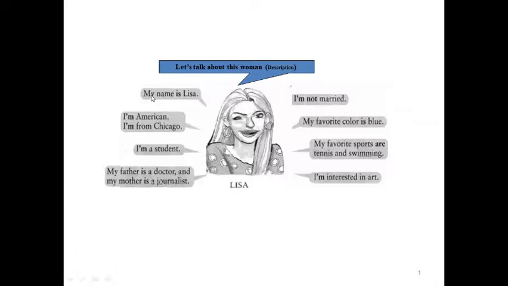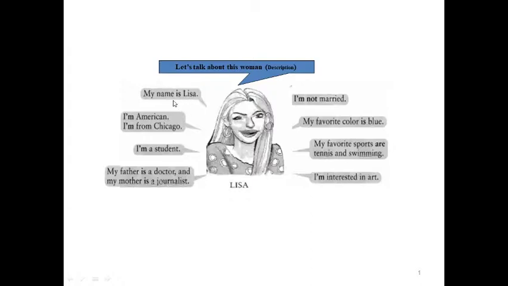So usually when you're talking about yourself, you start by, my name is, and you put your name, where you're from, what's your hometown, are you a student, or what's your job if you have one, what does your father do, what does your mom do, are you married, single, taken, okay? My favorite color, these are all extras, and or if you have any hobbies, okay?